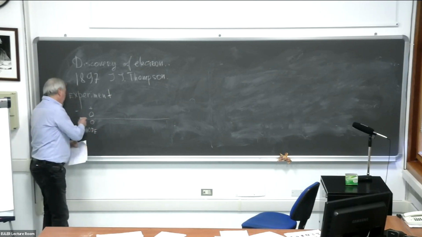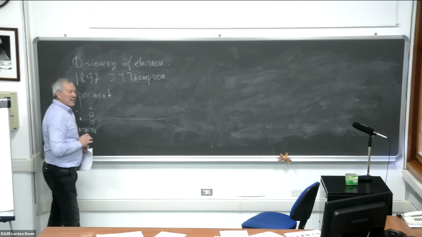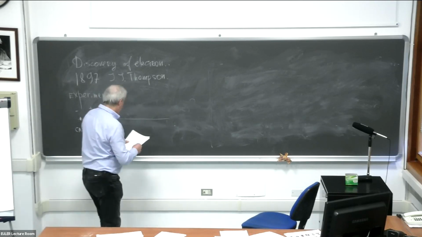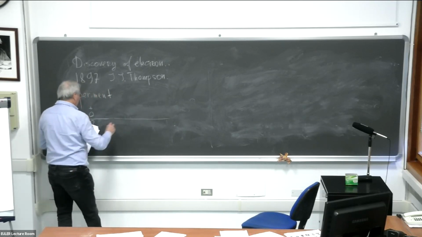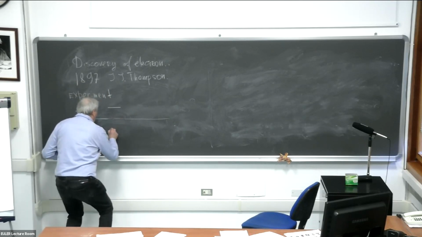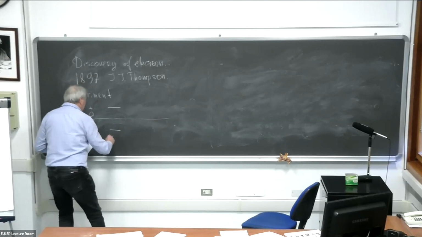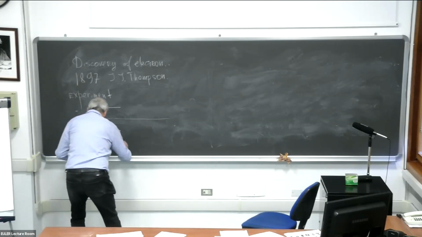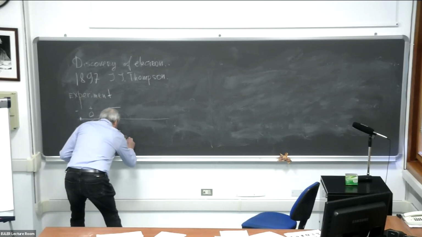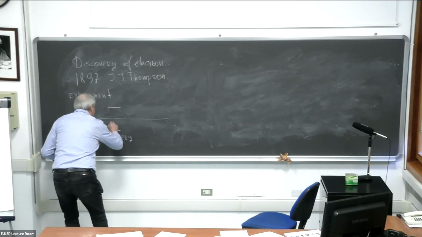And from the surface of the cathode, there's emission of something. Something which propagates. Then Thomson put the battery here, with an electric field.